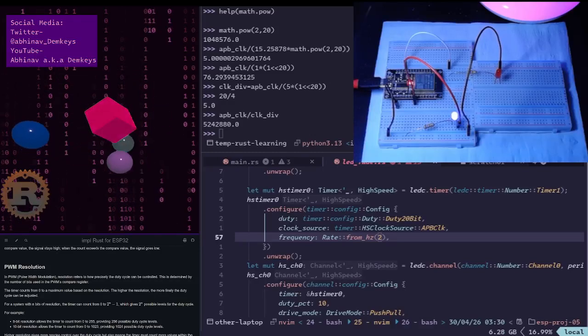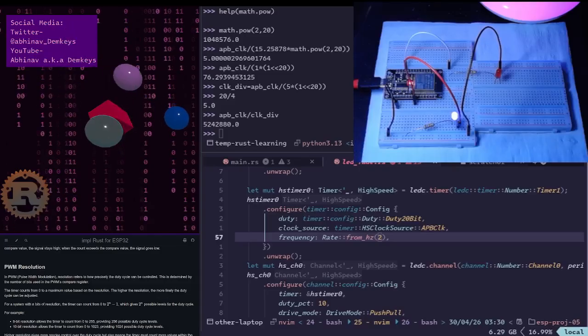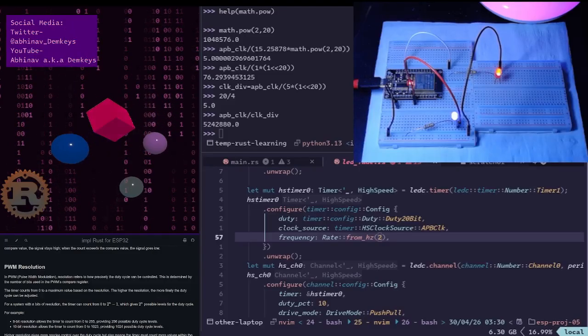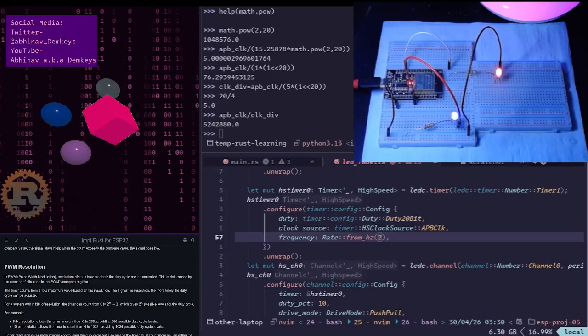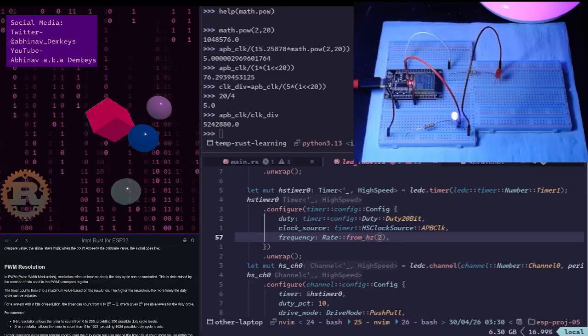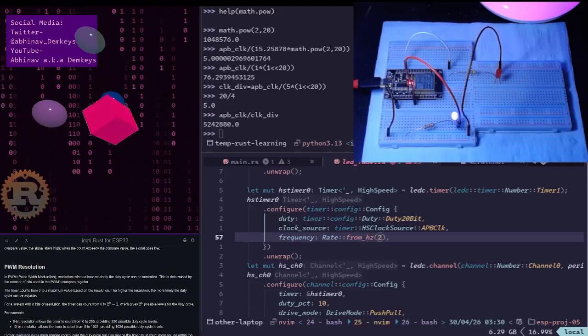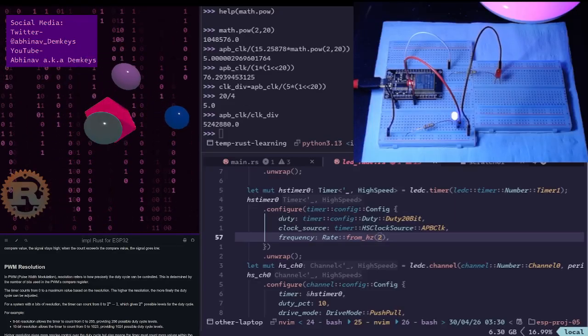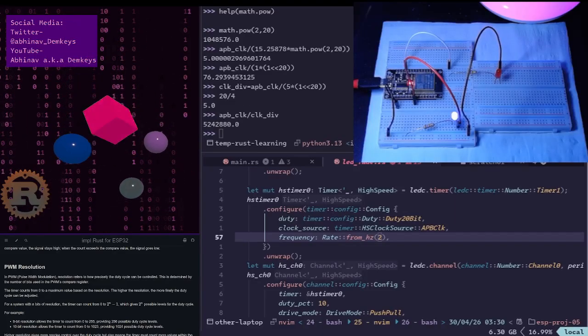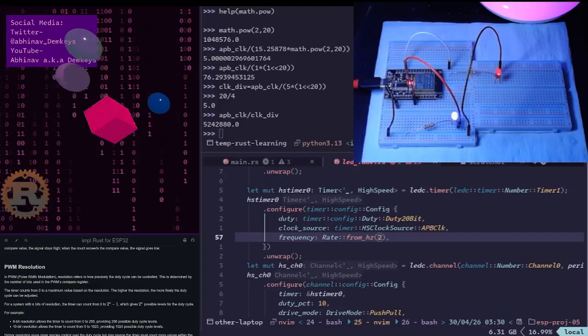That gets fed into a fractional divider, and based on the division factor, that fractional divider decides that every this number of ticks, we're going to allow one tick to pass through.